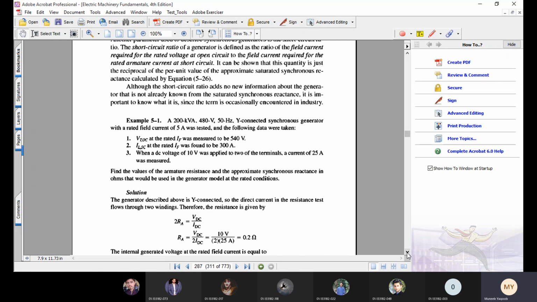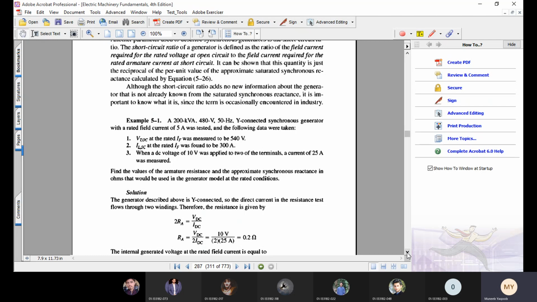They told us that they performed the open circuit test and found that the terminal voltage for the Y connected synchronous generator is 540. We all know that for Y connection, the terminal voltage equals root 3 times the internally generated voltage. So the internally generated voltage would be the terminal voltage divided by root 3.